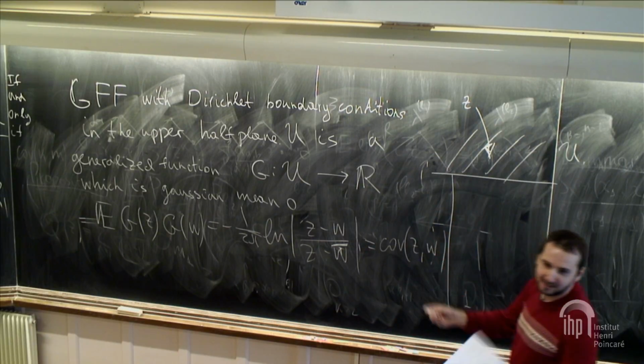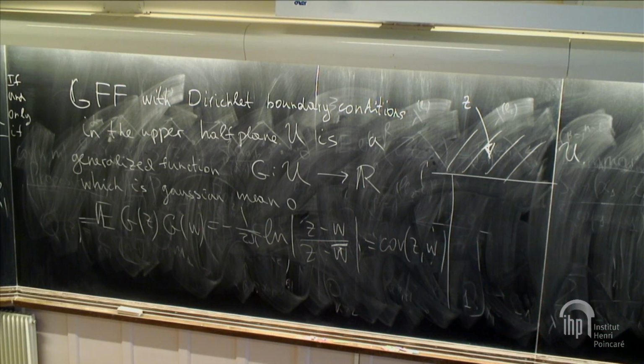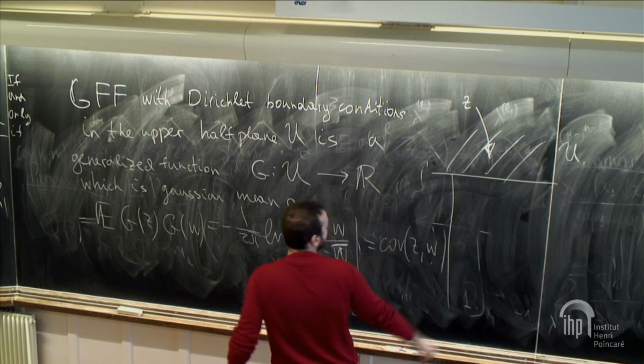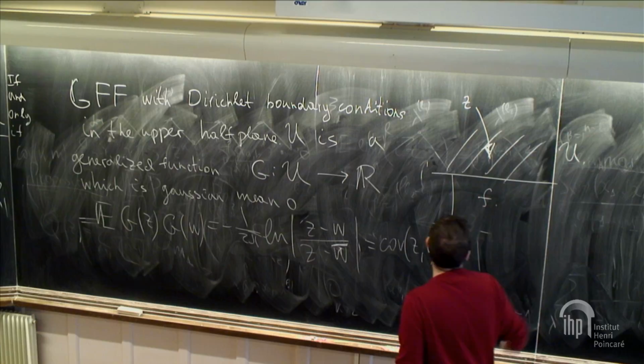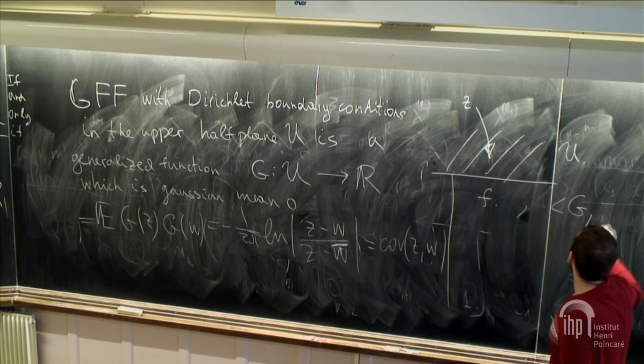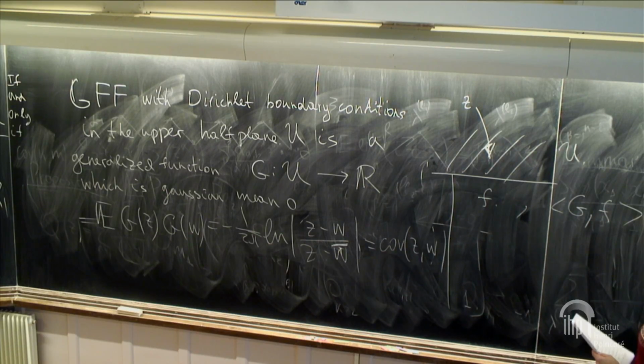So the next level of definition, a little bit less naive but still quite naive, tells you, okay, maybe we cannot make sense of the values of this function, but we can still integrate it. If you have any test function f, then you can integrate the pairing of your field G with this test function as an integral of G of z times f of z over the upper half plane. This dz dz bar just means that this is a two-dimensional integral dx dy.